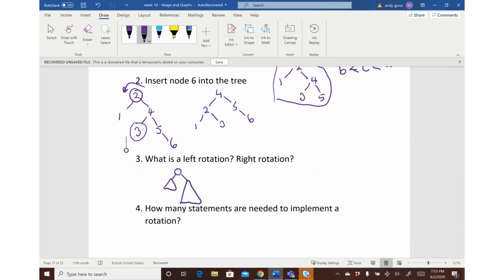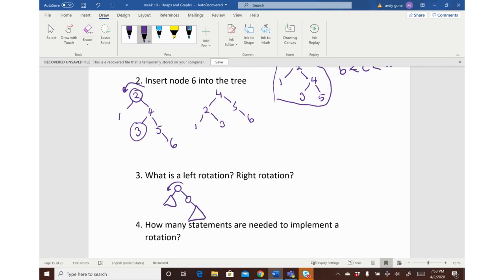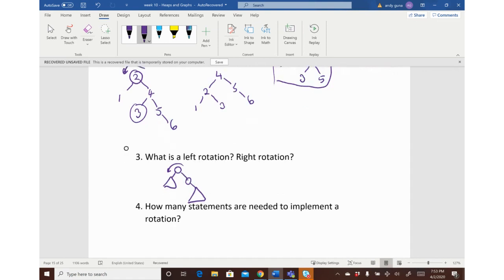Maybe one way to think about that is maybe you have something like this, so you will try to do a left rotation. When you do a left rotation, then the depth reduces. Right rotation, the same idea.